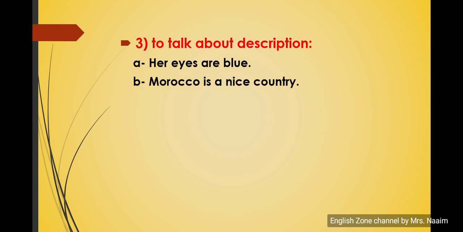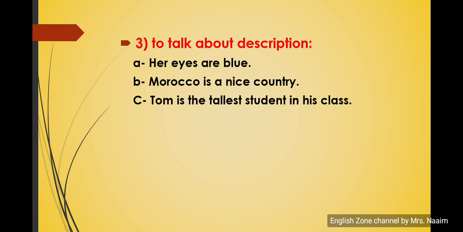The second example. Morocco is a nice country. Morocco is a nice country. المغرب هو بلد جميل. Okay. The third example. Tom is the tallest student in his class. توم هو أطول تلميذ في قسمه.